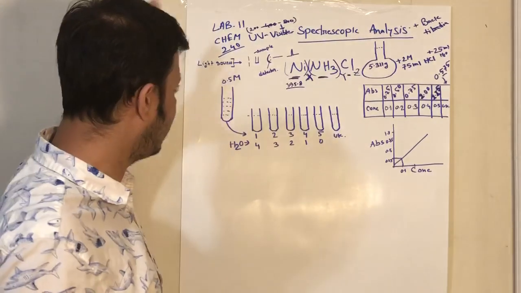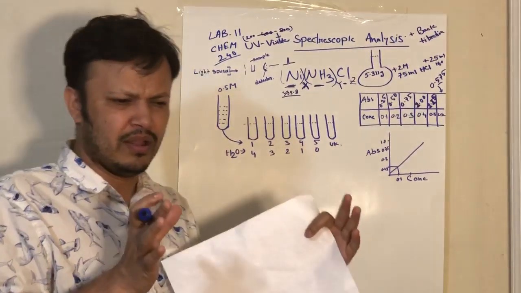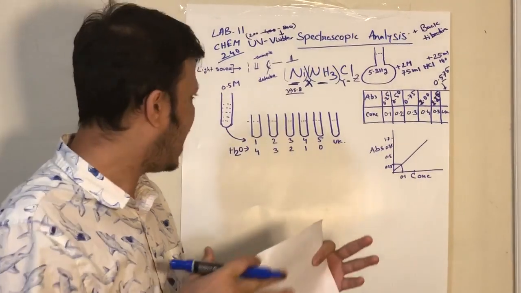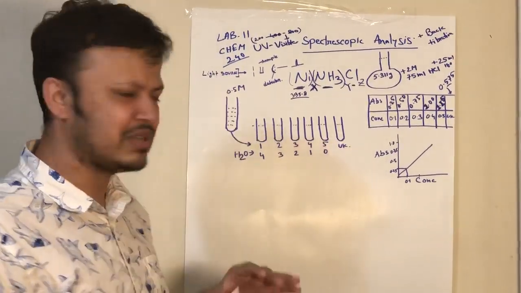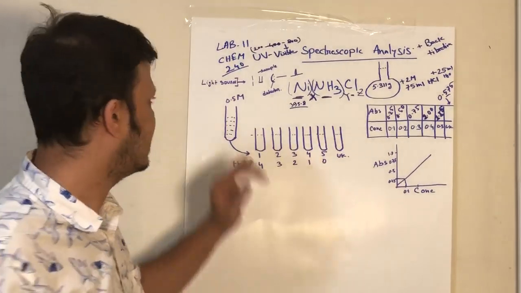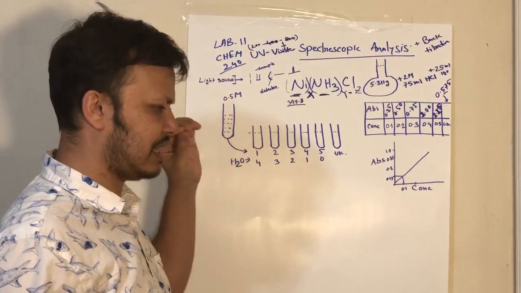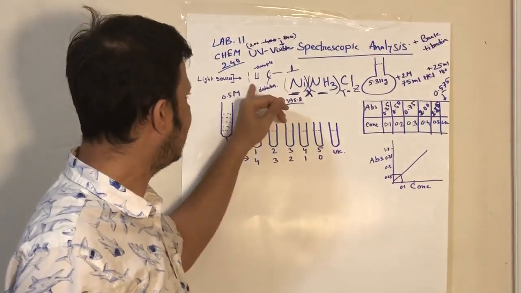We will use a light source. This is actually a small machine. I'm just trying to explain to you a little bit how the machine works. I think Dr. Zhao also already explained it in class. So this will be the light source. The light comes from there, and then there will be a slit.